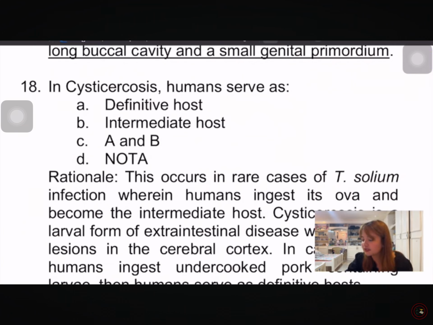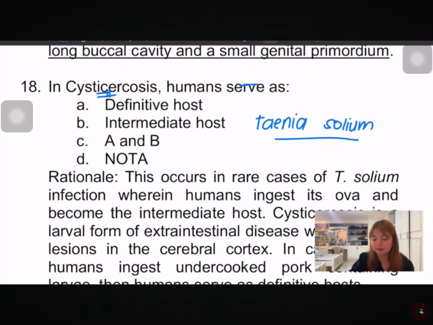In cysticercosis, humans serve as... this is quite a tricky question kasi sa cysticercosis, ito yung type ng infection caused by what parasite? Syempre, Taenia solium or pork tapeworm.